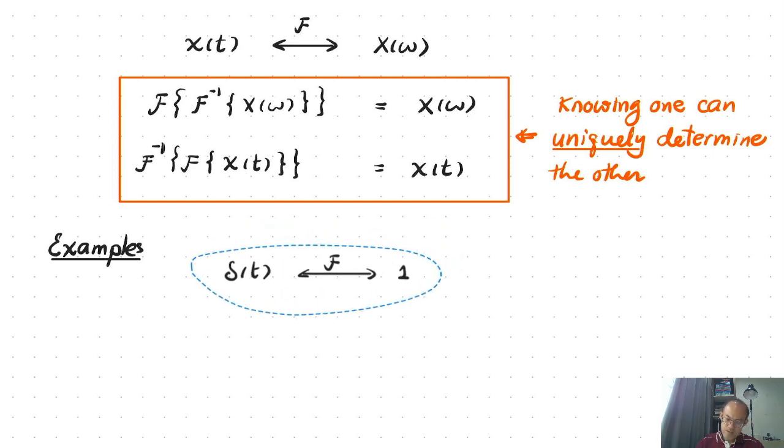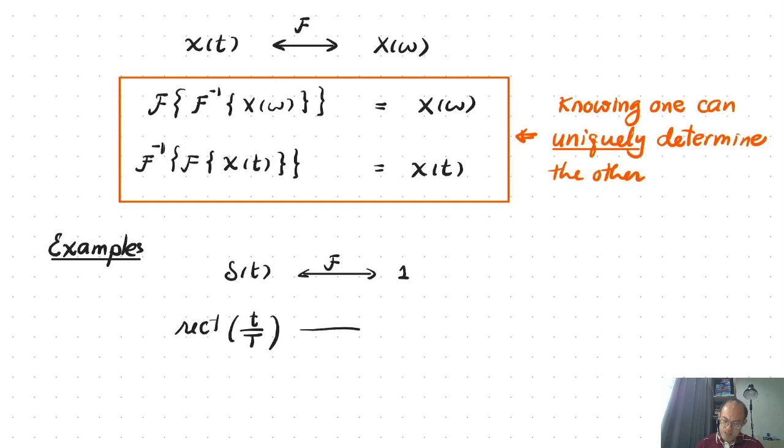We also found that the rectangular signal of width T has the Fourier transform pair of T sin of omega T over 2. So this is what we had from the previous lecture.